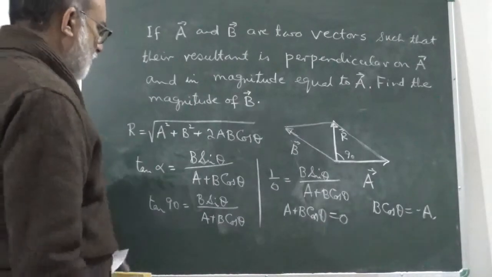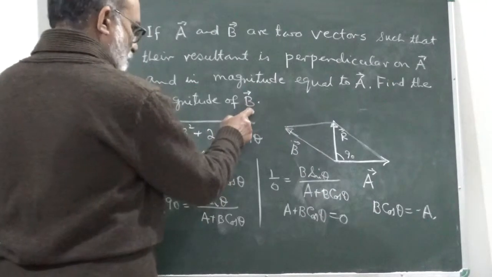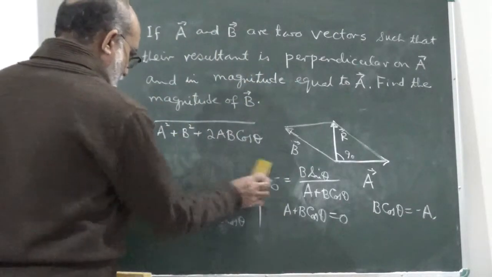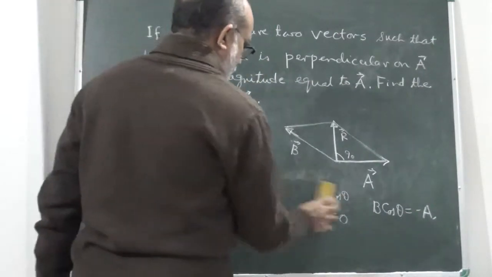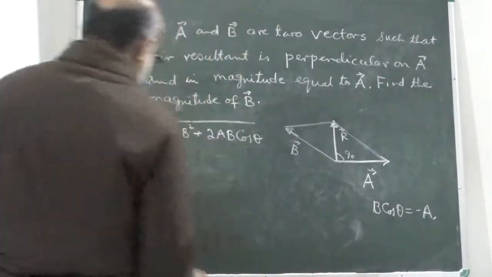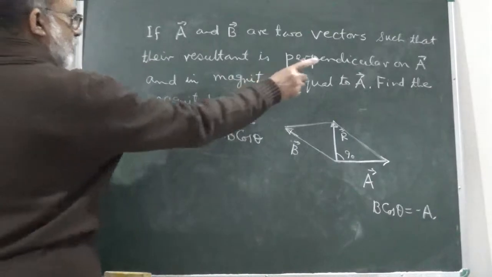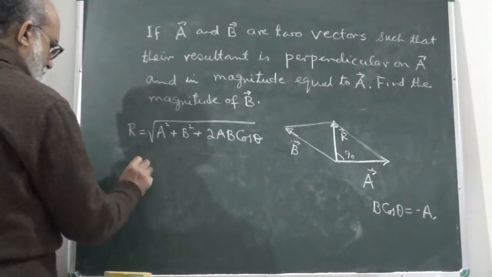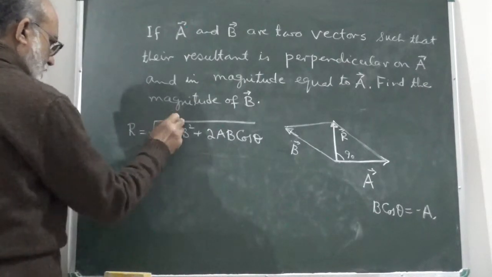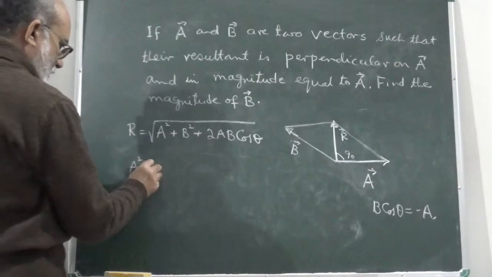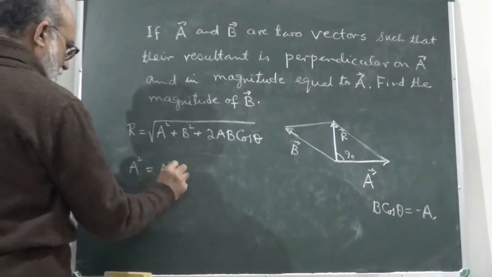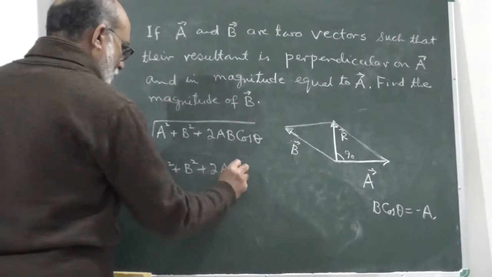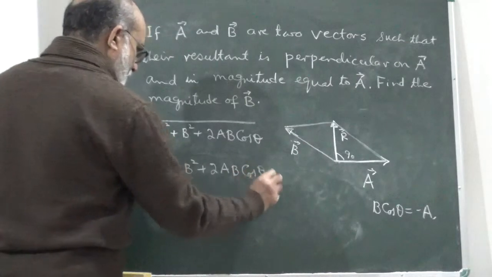So now we have to find B. The next step is to use the given condition that the magnitude of R is equal to the magnitude of A. So removing the square root and taking the square on the left hand side, it's A square equals A square plus B square plus 2AB cos theta.